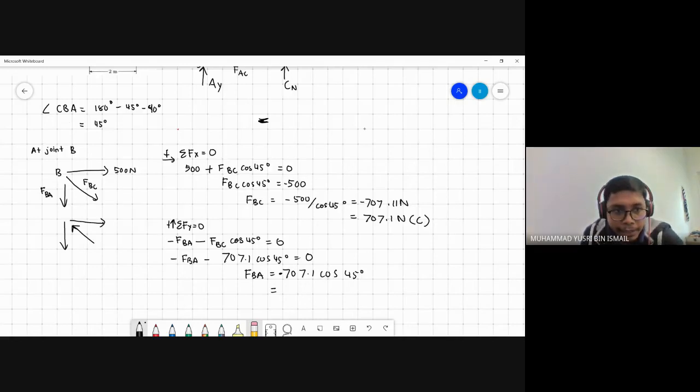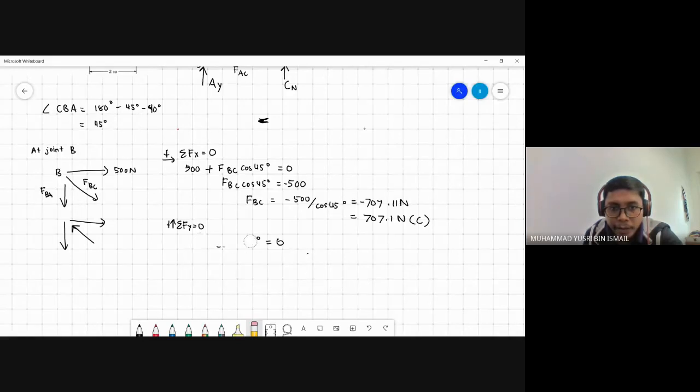Oh, this is positive, sorry, positive because it is upward. I will do it from the beginning. Since our result is in the opposite direction to our early assumption, we know that the force is a compression.